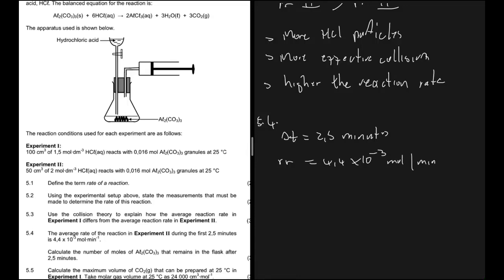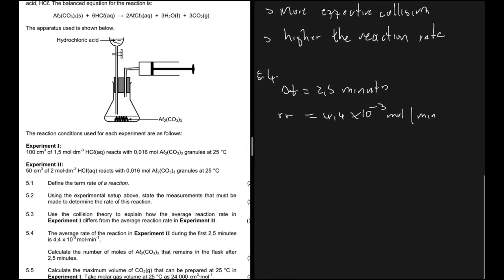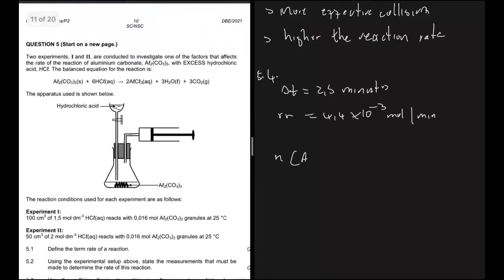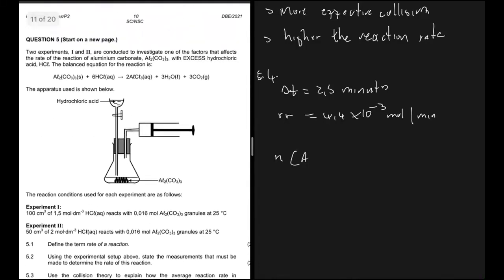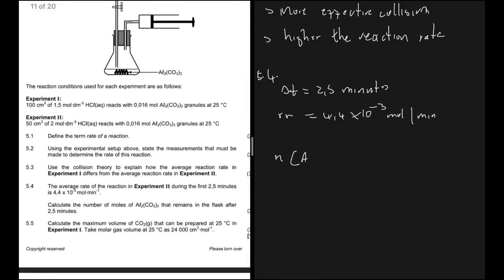And then the question says calculate the number of moles. So we need the number of moles of aluminum carbonate. Let me just write down the formula, Al2(CO3)3.